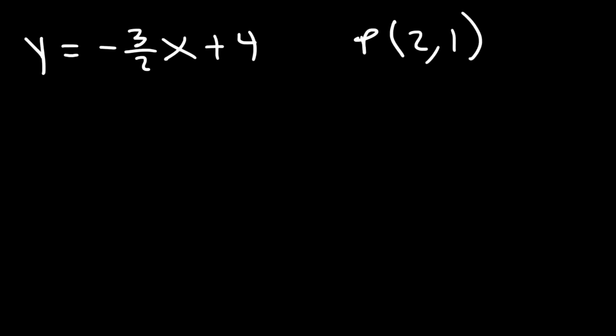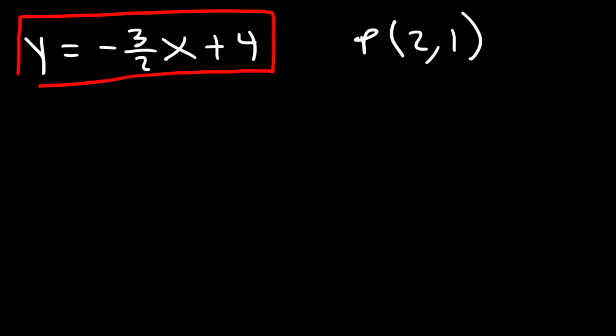So write the equation of a line that is perpendicular to this line, but that passes through the point 2, 1. And let's write the equation in slope-intercept form.